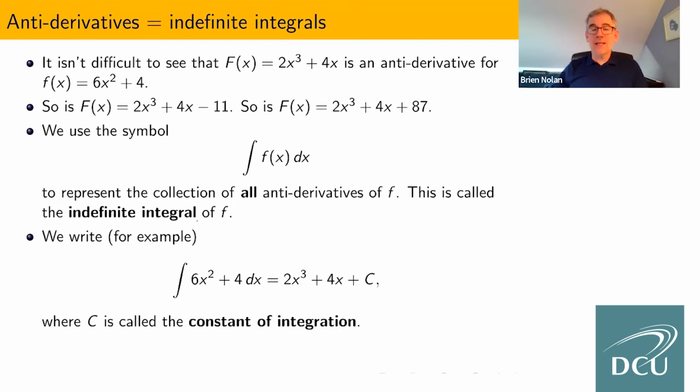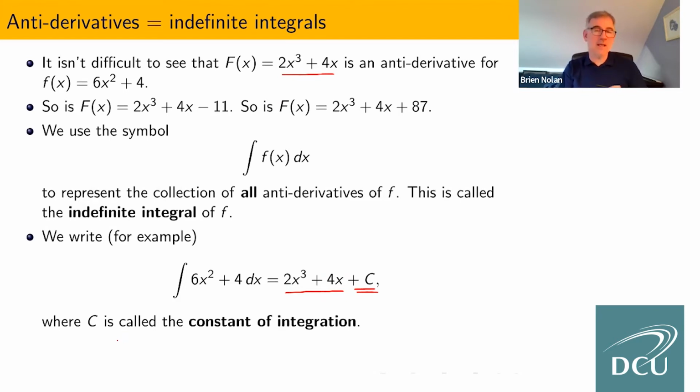And the way we write this down, just continuing with the example that we're looking at here, we write that the indefinite integral of 6x squared plus 4, well, I find one antiderivative, and I'm using the first one here, so that in some sense is the simplest. I write down one antiderivative, and then I write down plus c, where this capital C is called a constant of integration.